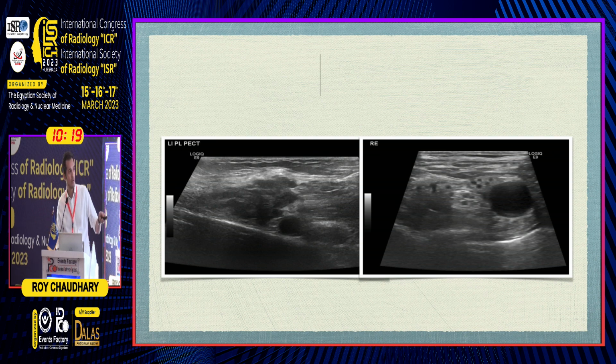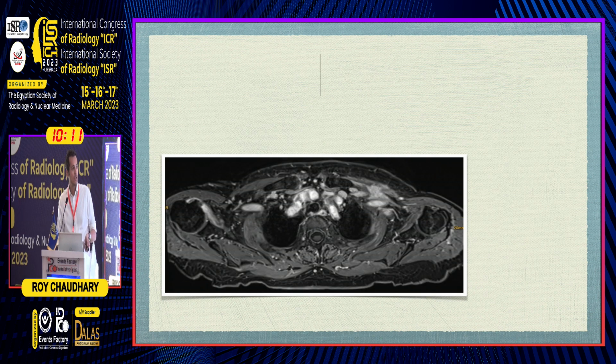And what we found, compared to the normal right side, and this is the left side, is this irregular structure on the brachial plexus. So we did a contrast-enhanced MRI, and we found this enhancing lesion on the brachial plexus.